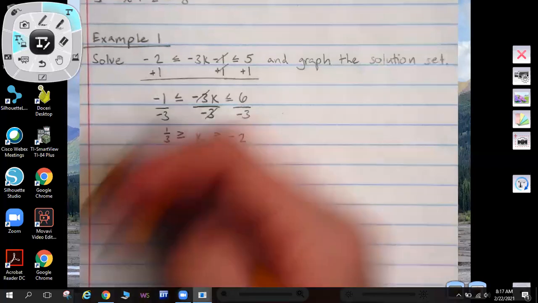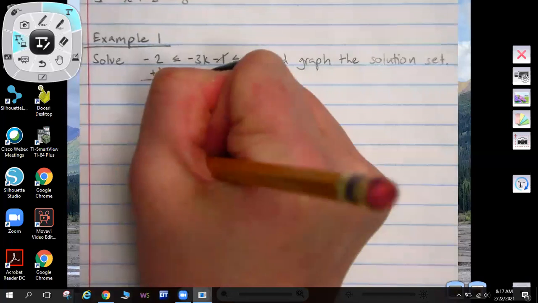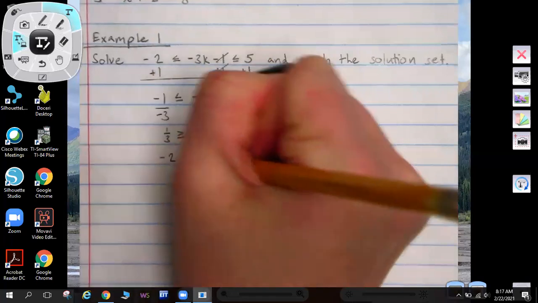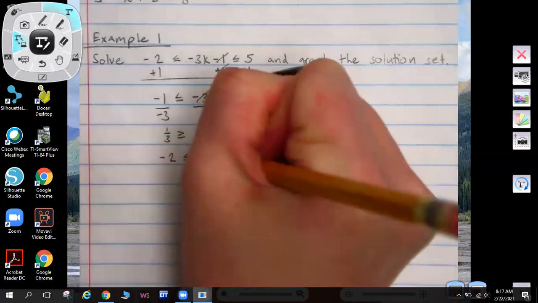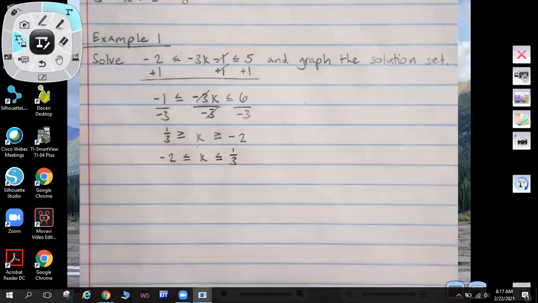So the way that we rewrite this is -2 is less than or equal to k is less than or equal to 1/3. So we've just switched the 1/3 and the -2, but when you do that, you have to make sure to flip the signs as well. Now we've got this written in the correct order, and we can graph our solution.